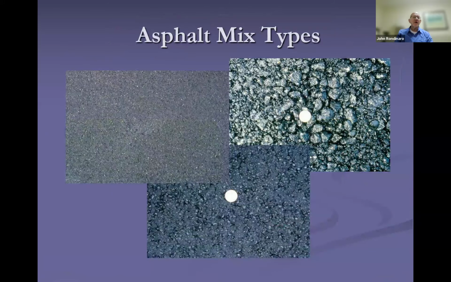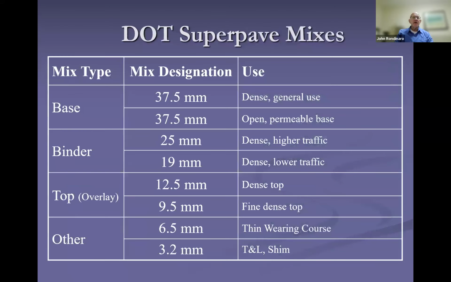And then in terms of asphalt types themselves, we've got the standards, the ones that we're very familiar with. You've got big stone, which means you're working with base. You've got medium-sized stone, which means you're working with binder, and you've got small aggregate, which means you're working with your tops. In terms of those mix designations, this is the DOT designation.